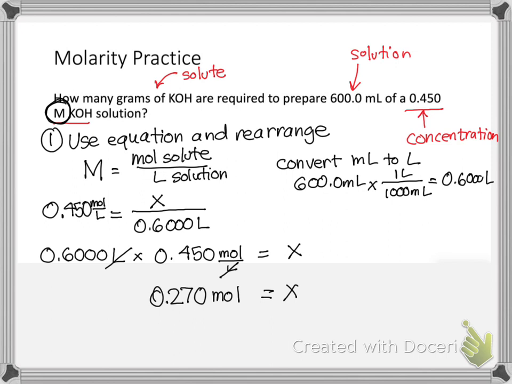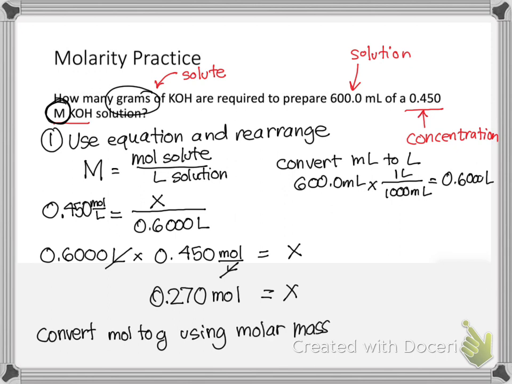Now, if the question just asks for moles, I would be okay, but it asks for grams. So now I have to convert moles to grams using molar mass. And what was it? K we just did.